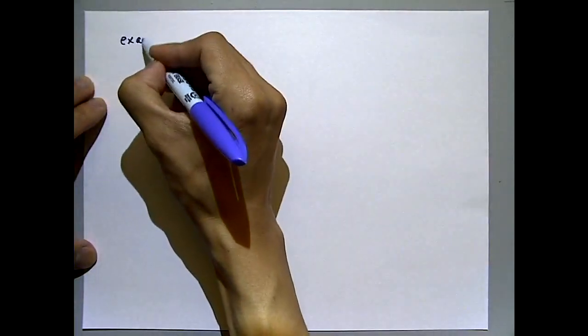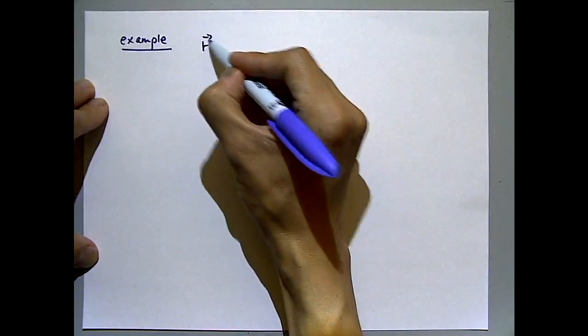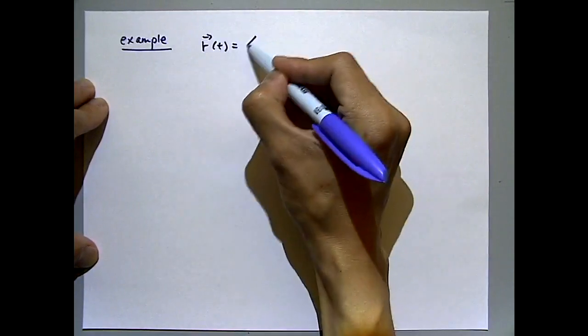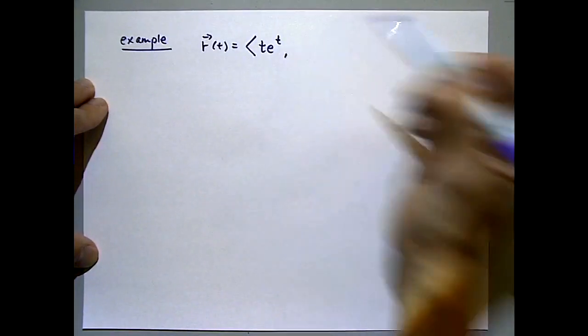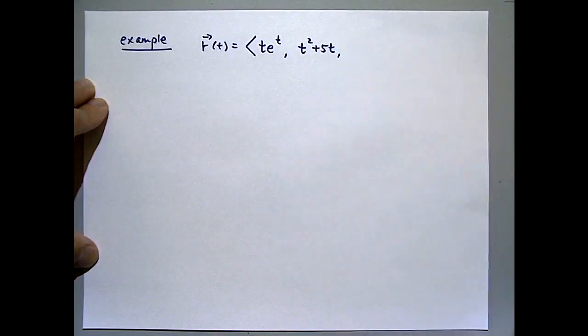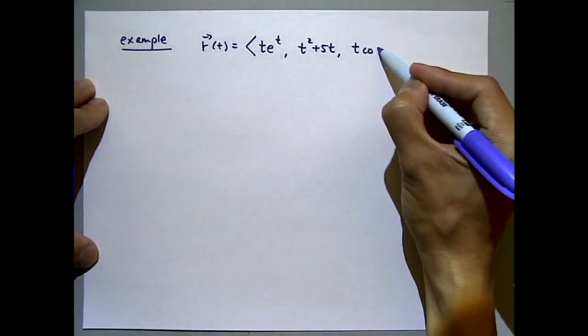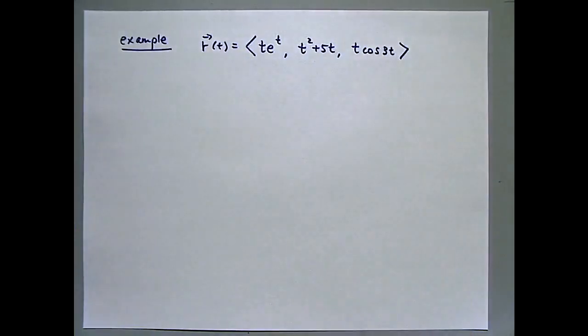One quick example before we find out what r prime of t does. Here's my vector function: t e to the t, t squared plus 5t, and t cosine of 3t. Let's find the derivative of that vector function.